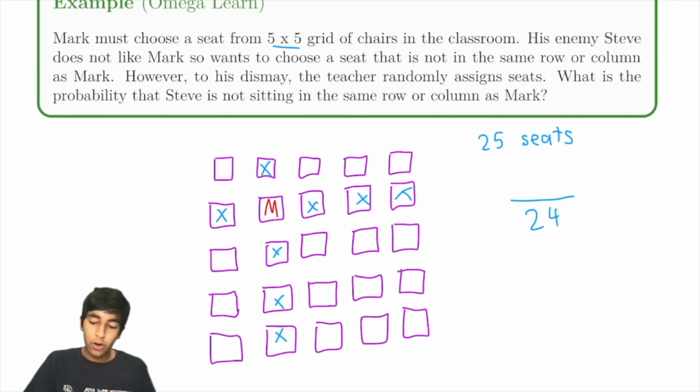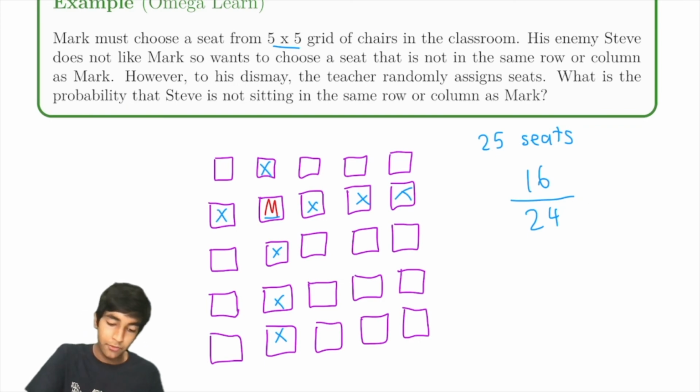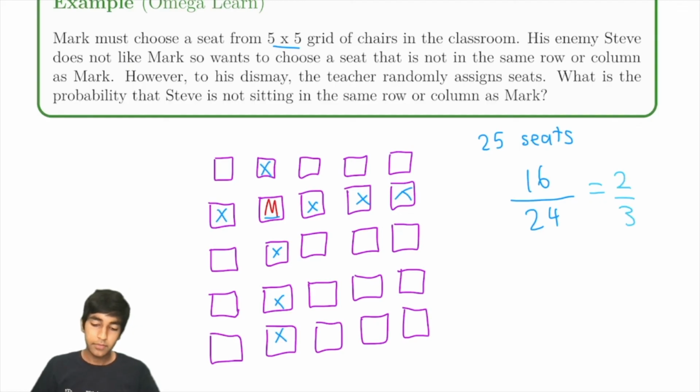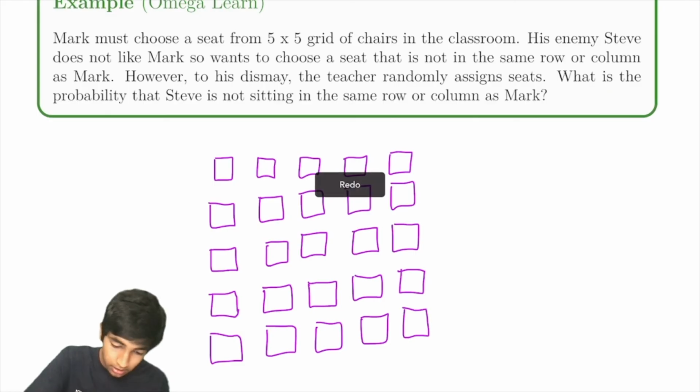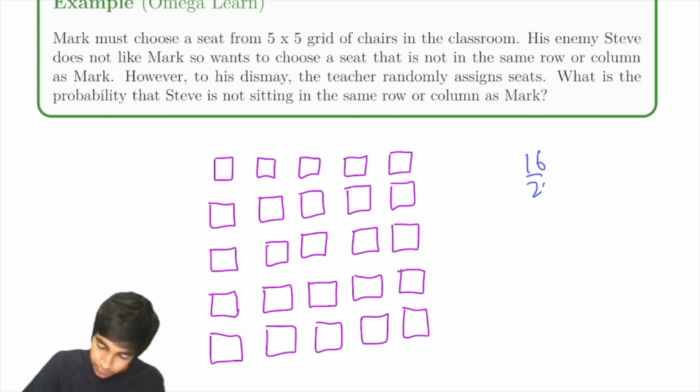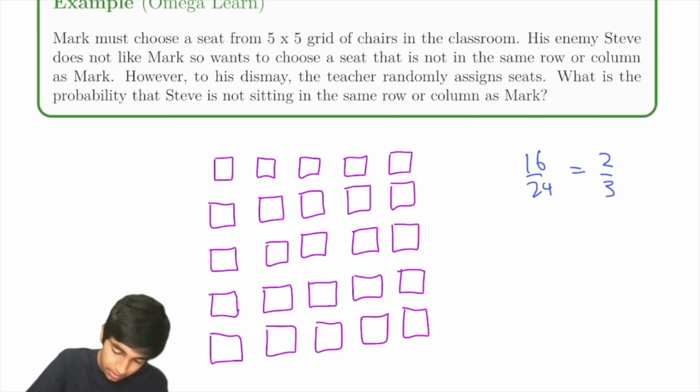So out of the 24 options, 16 work. If Mark sits here, the probability is 16 over 24, which simplifies to 2/3. What if Mark sits somewhere else?